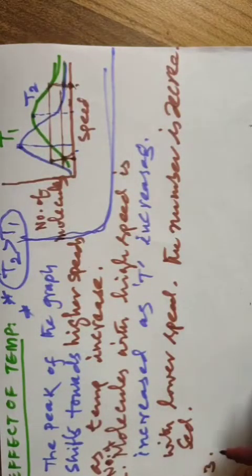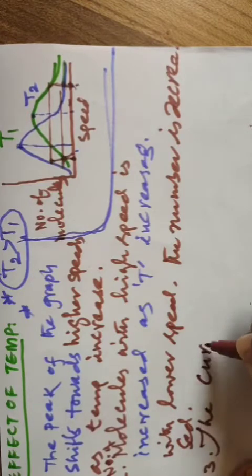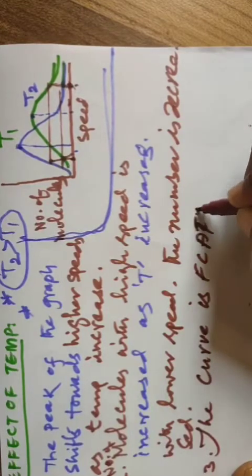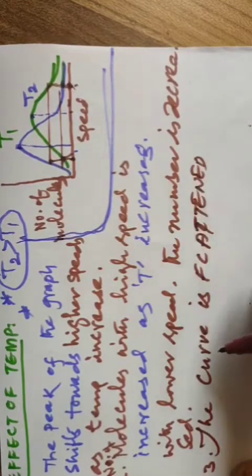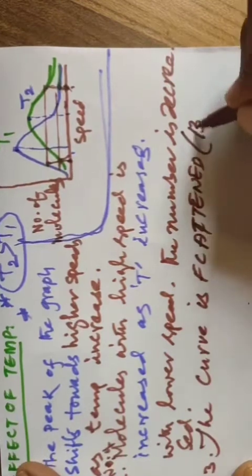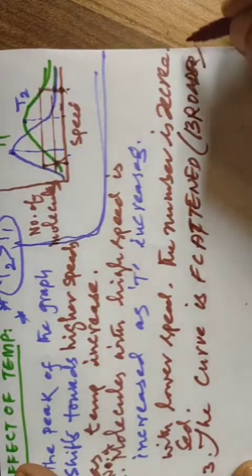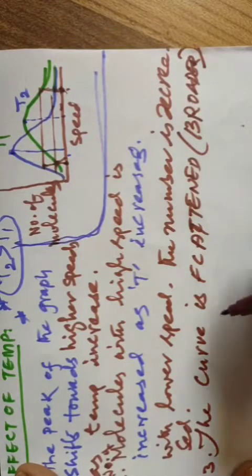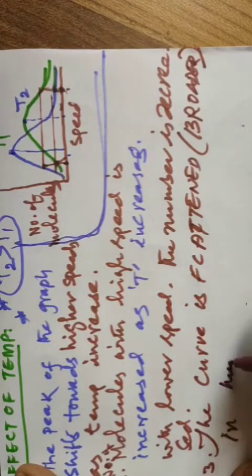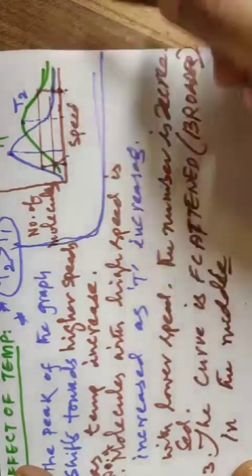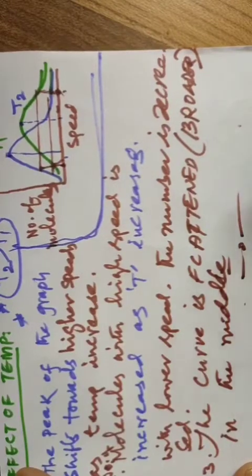The curve is flattened, which means it becomes broader in the middle, and it is shifted towards which velocities? Higher velocities. So these are the conclusions from the graph.